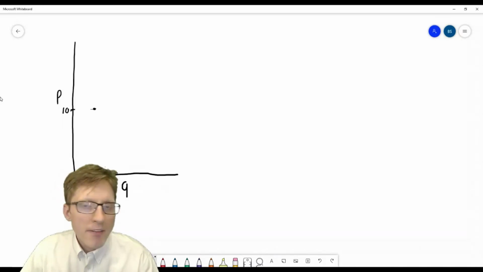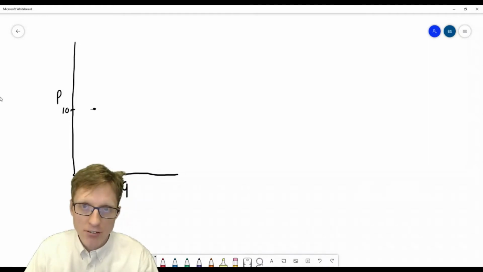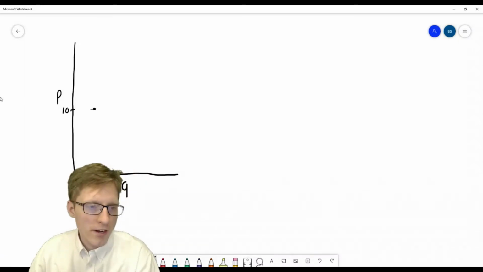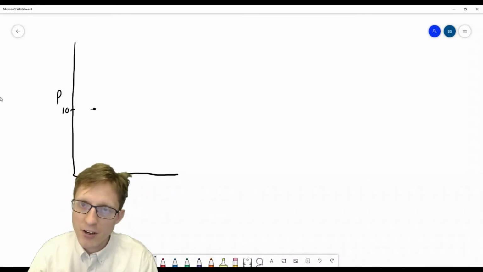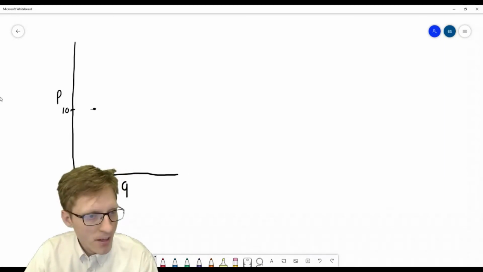Now this is one point on what is called the inverse demand curve. The inverse demand curve is price as some function of quantity. So you have the price as the outcome variable, and it's some function of quantity. We call this the inverse demand curve, and this is what we plot. I'll go over this in a little more detail in a second.